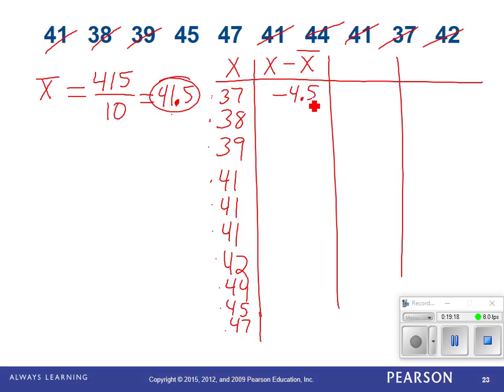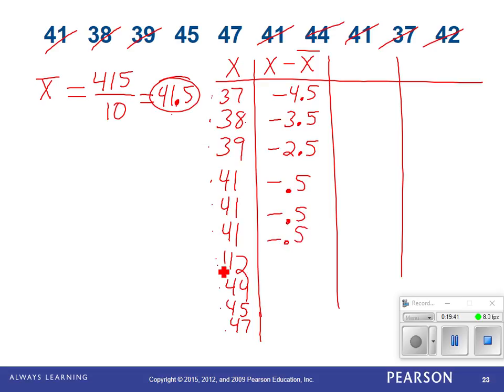So you write that in there. Then you do 38 minus that, which is going to be negative 3.5. Then 39 minus that, which is negative 2.5. Then 41 minus that, which is negative 0.5. Negative 0.5 again, negative 0.5 again.